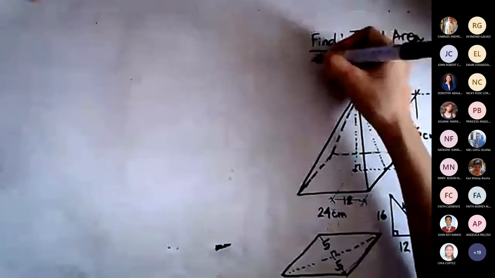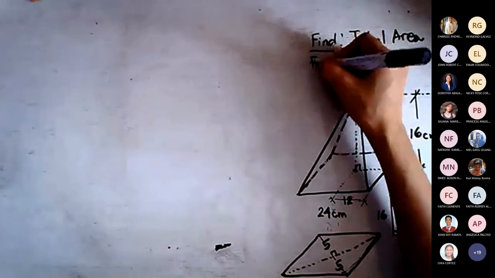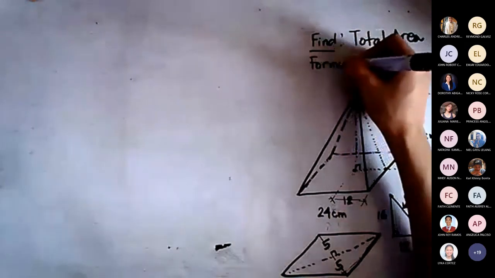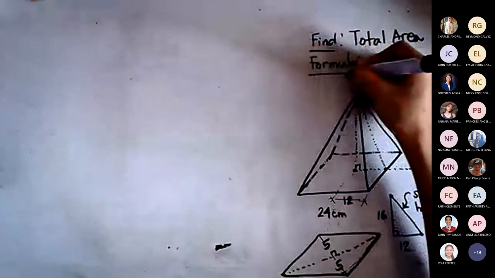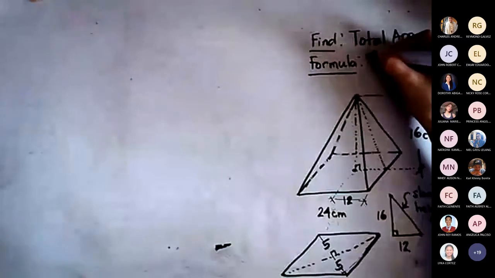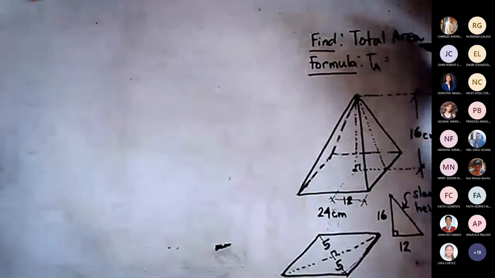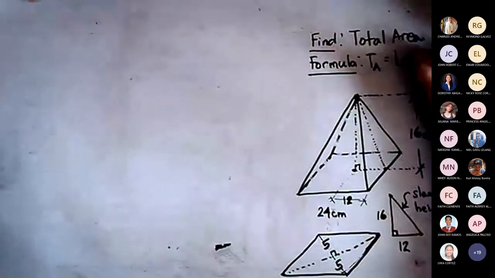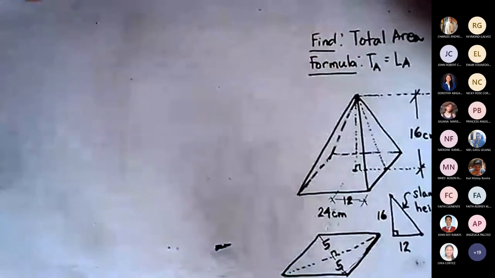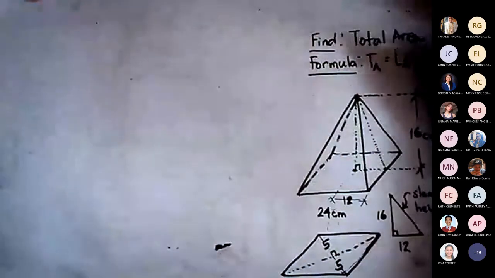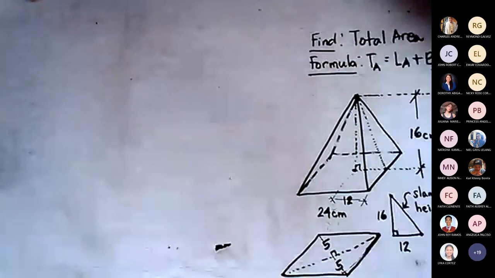And remember that our formula for total area is what? Total area is equal to the lateral area of the sides of the pyramid plus the area of the base. Okay.